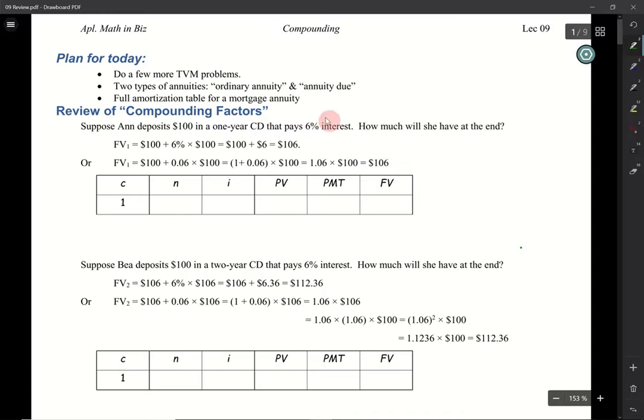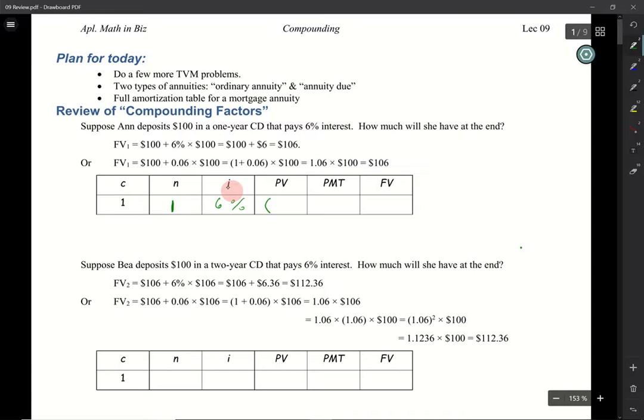If you wanted to do this the long way using the framework, you start with the compounding periods, and we always start with the annual compounding period. Then you look at the number of periods, and in this case it's just 1 year. Interest rate, 6%, and we know the present value.